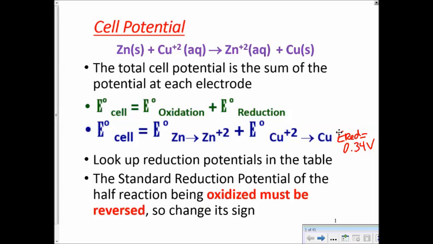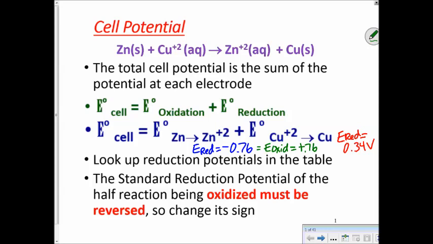But we're going to take that and flip it. So on here, it's being shown as an E-red that equals negative 0.76 for the zinc. But remember, we're going to flip it, so it's going to end up becoming the oxidation, which ends up being a positive 0.76 because we flipped the reaction.